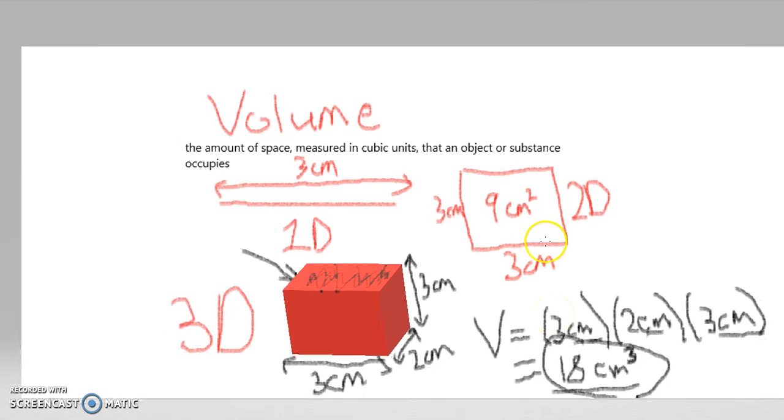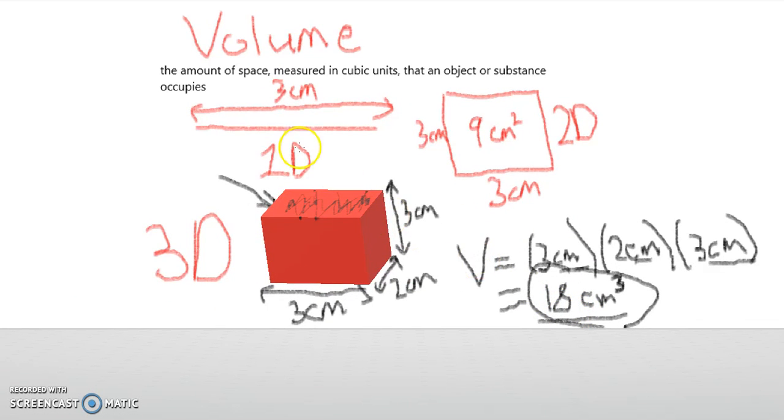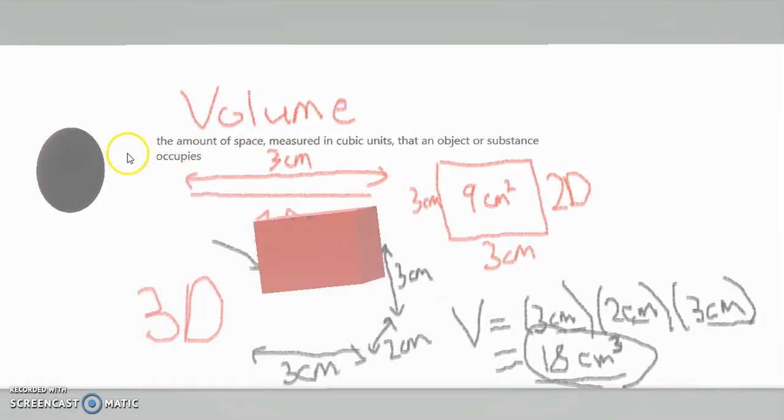That is volume. Now, a rectangular prism is pretty basic, right? It's this base times this width here times this height. But we can find the volume for a variety of shapes. What about a sphere? Let's switch our view. Let's look at that thing.